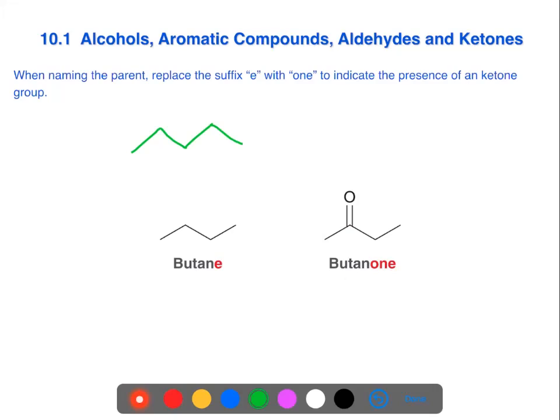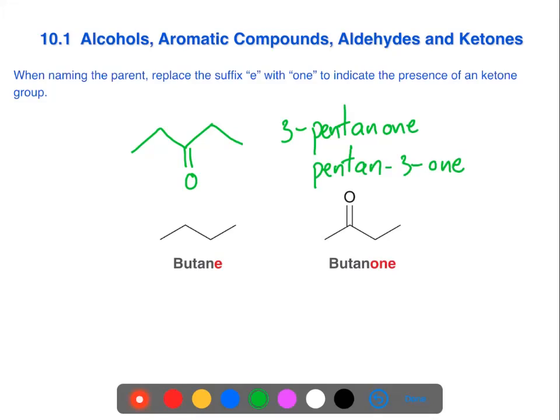5-carbon parent, we could have a 3-pentanone, or we could also refer to this as pentan-3-one. We could also have, though, the same 5-carbon system, but we could have that carbonyl at position 2.